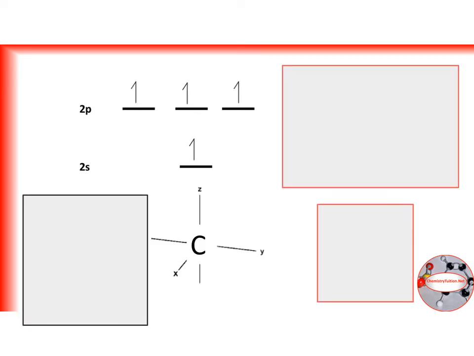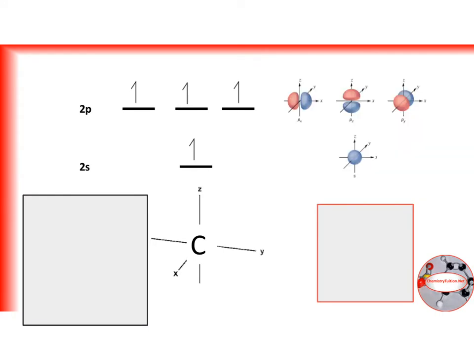There is actually another problem when we come to look at how we could use these orbitals to bond. So we have our 4 electrons there, and they're all in separate orbitals, so they can all form covalent bonds, so far so good. But let's have a look and see what those orbitals look like. We have our 2s, which we know is spherical, and then we have the 2px, 2pz, and 2py, and they lie along the x, y, and z axes.